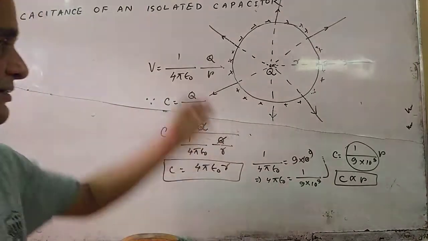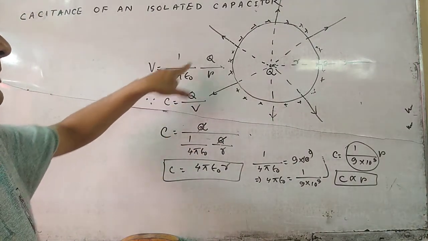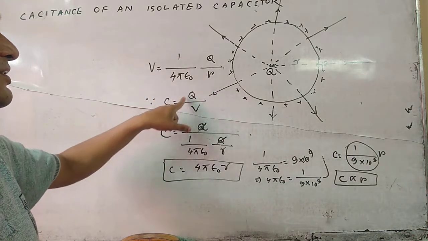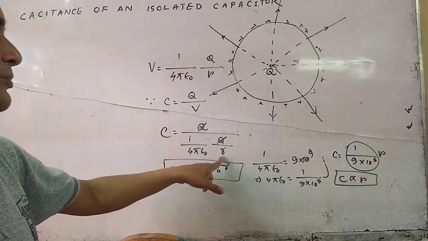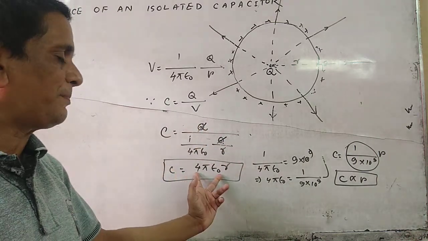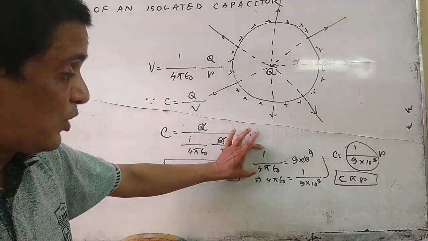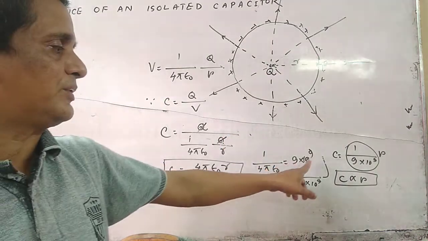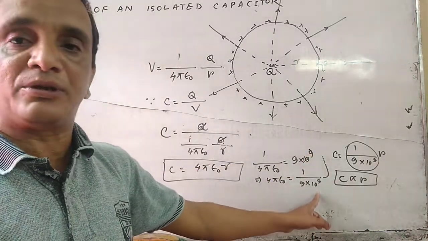Just go through it once more. V equal to 1 by 4 pi epsilon naught Q by R. Since C is equal to Q by V, we put the value of V as 1 by 4 pi epsilon naught Q by R. The two Q's cancel out and we get C equal to 4 pi epsilon naught R. As we know, 1 by 4 pi epsilon naught is equal to 9 into 10 to the power 9, so 4 pi epsilon naught equals 1 by 9 into 10 to the power 9.